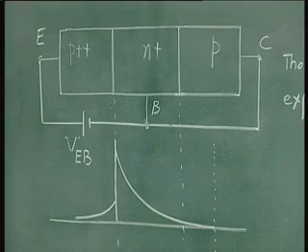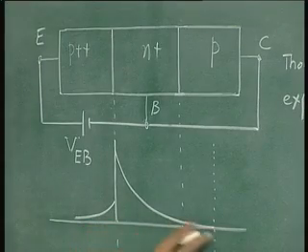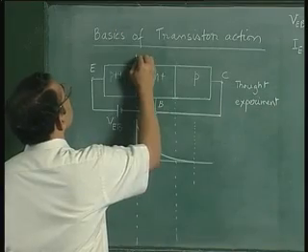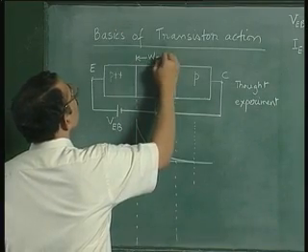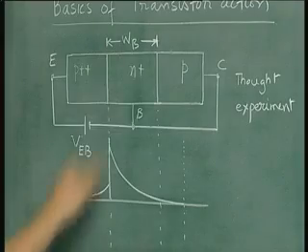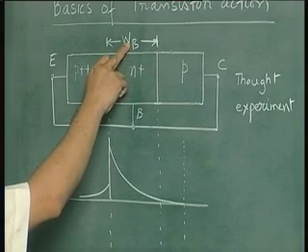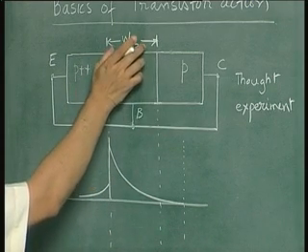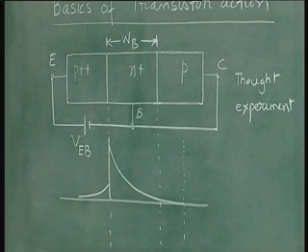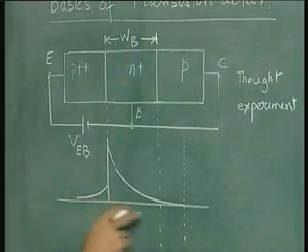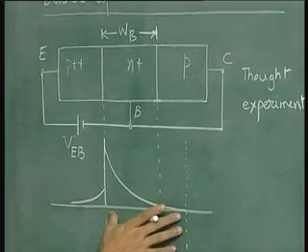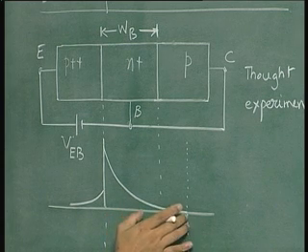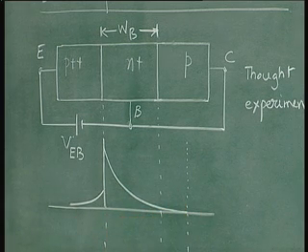So long as the width of this region, which is the base region, which we will call the base width, since there is no space charge region shown here, WB is the same as the distance between the junctions, but actually it is the distance between the two depletion edges. So WB is much greater than LB for this case. That is the meaning of the collector junction being very far away from the emitter junction.